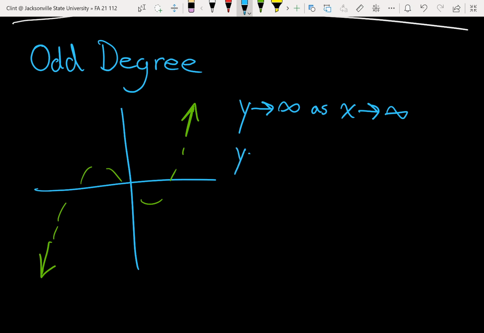And y goes down toward negative infinity as x goes left toward negative infinity. So the left side of our graph goes down, the right side of our graph goes up.